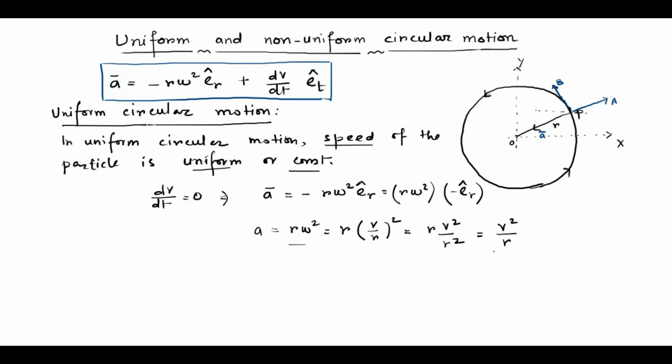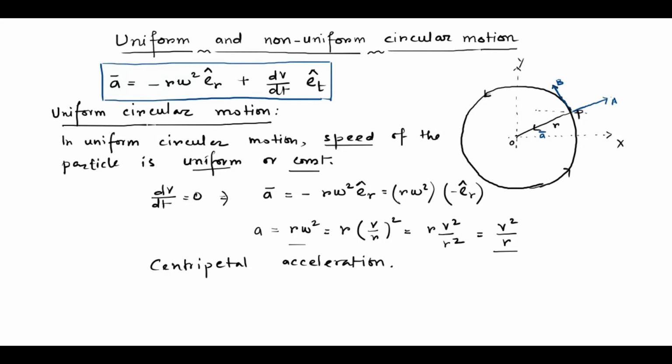This type of acceleration is called centripetal acceleration, and only this type of acceleration is observed in uniform circular motion.